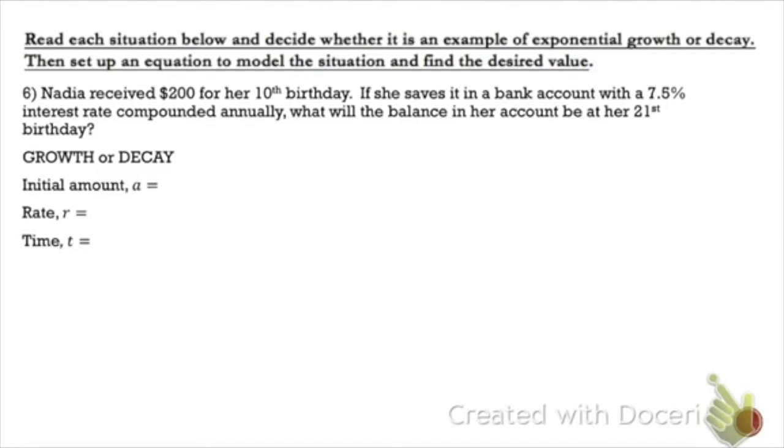Bank accounts often have a percent of money that they give you for keeping your money, and that is called your interest rate. Interest rate is always going to be an increasing, a growth situation. So we've got a situation of growth here. Balance is the word that banks use to indicate the ending amount.